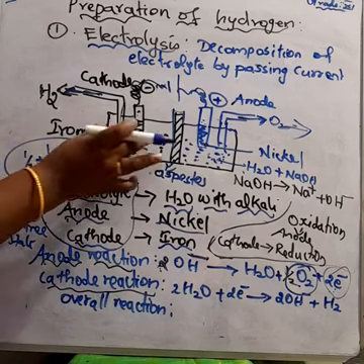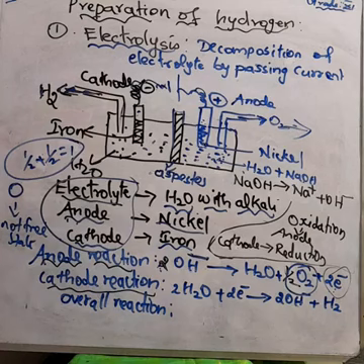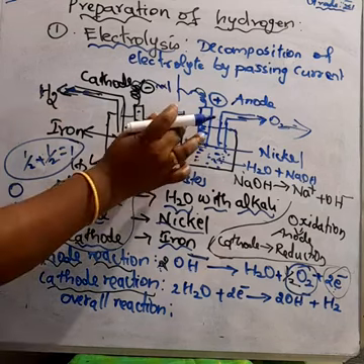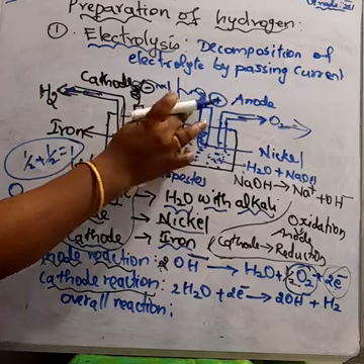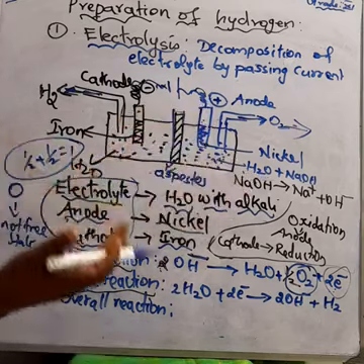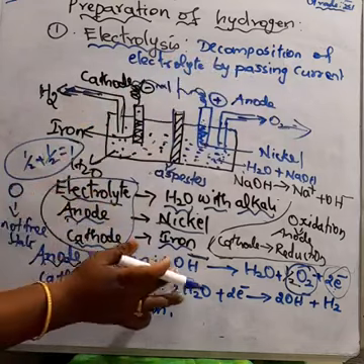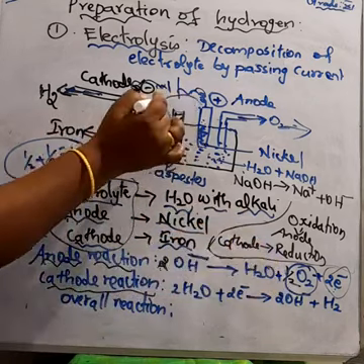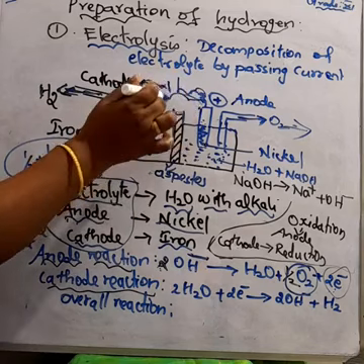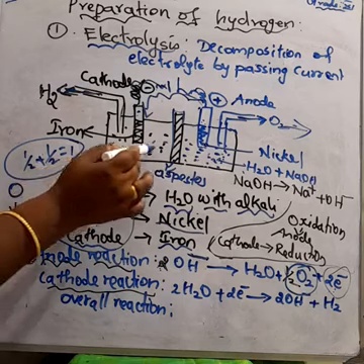What is the cathodic reaction? At the anode, oxidation takes place, and oxidation is loss of electrons. So oxygen gas is evolved at the anode, and the alkali, the OH minus ion, releases 2 electrons. These electrons enter into the cathode, where we also have water as the electrolyte.